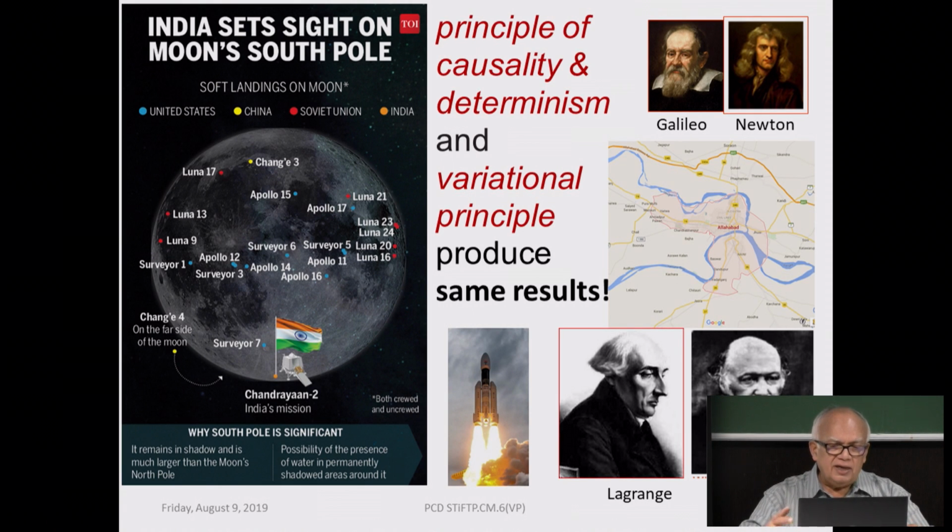We are accustomed to accounting for this mechanics in terms of Newtonian mechanics, which is the Galileo-Newton approach. The law of inertia is common to the principle of variation also. But subsequently, in the Newtonian approach, you invoke the principle of causality and determinism, that equilibrium is disturbed.